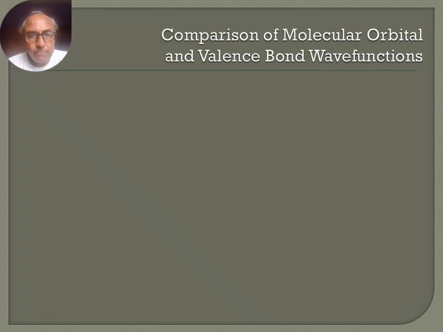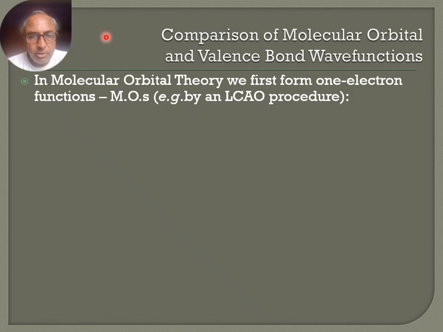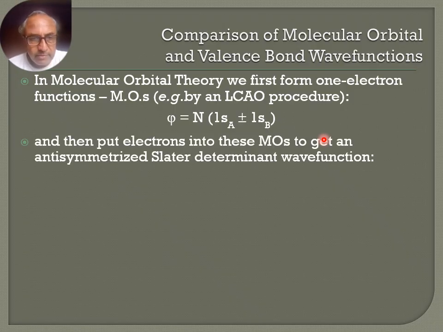Before we conclude, let us compare the molecular orbital and valence bond wave functions. In molecular orbital theory, we first form one electron functions, that is molecular orbitals, by a linear combination of atomic orbitals procedure. Thus the molecular orbital phi is given by the normalization constant times 1sa plus or minus 1sb for the bonding or anti-bonding orbitals.